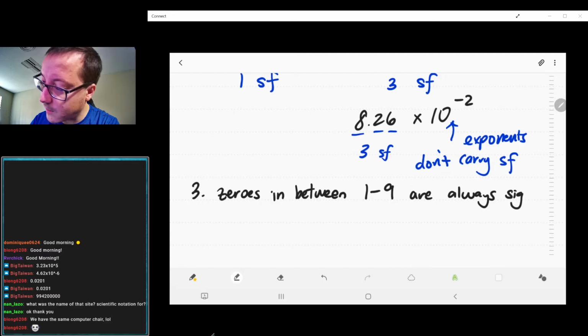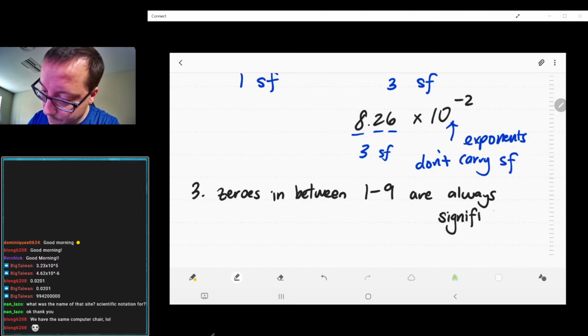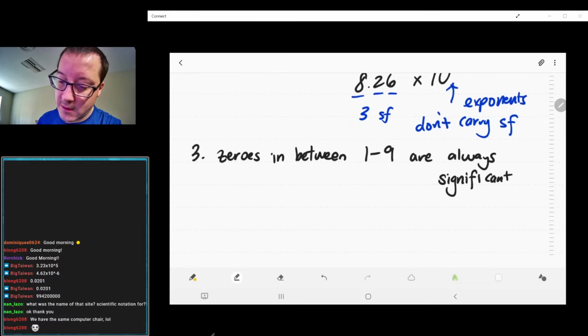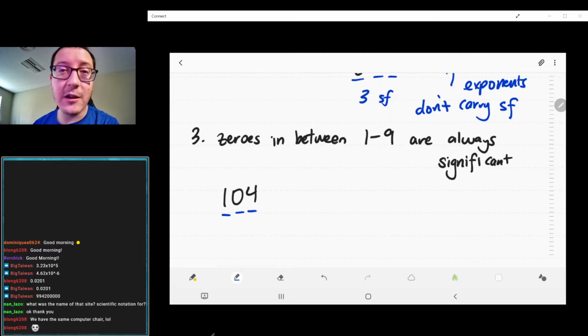So anything in between a number, like 104, we can see here that we have a zero in between non-zeros.